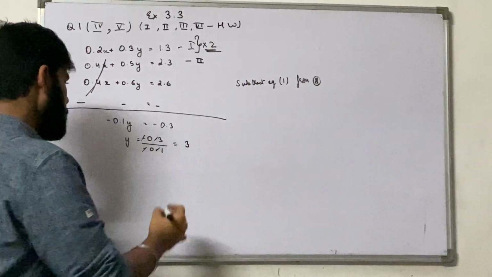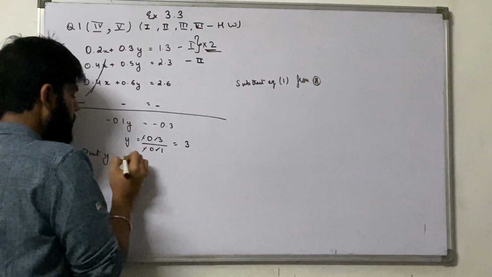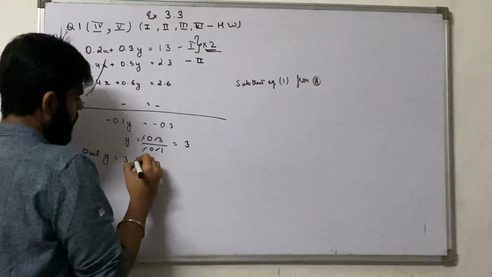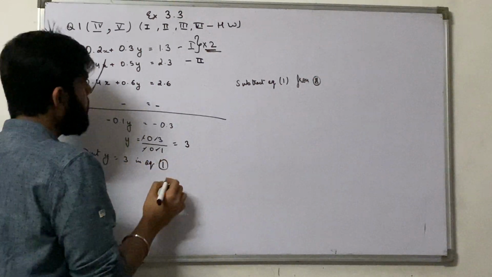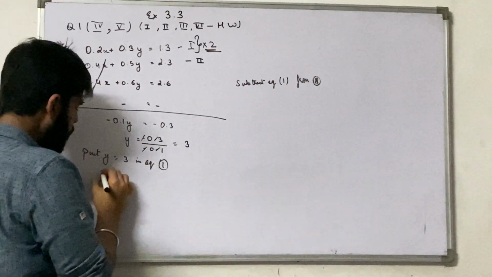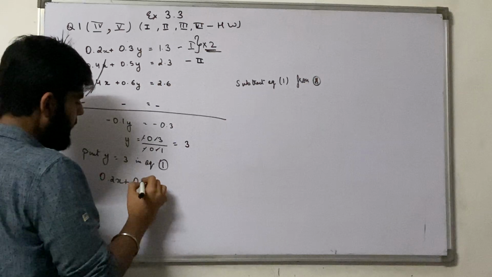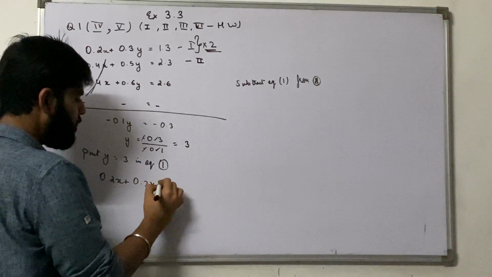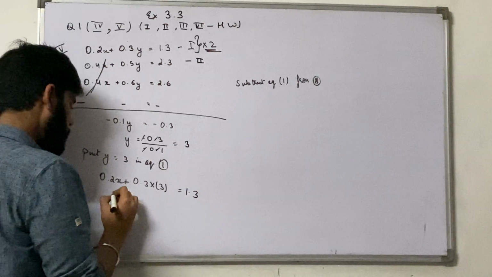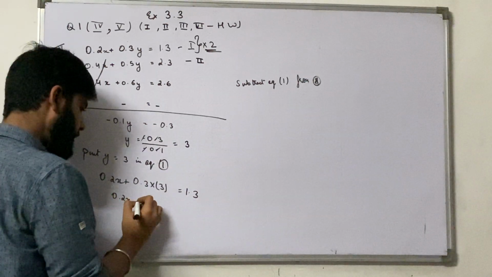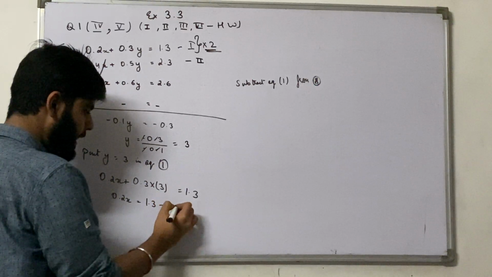Now, put y is equal to 3 in equation 1. 0.2x plus 0.3 into, what is the value of y? 3 is equal to 1.3. Now 0.2x is equal to 1.3 minus 0.9.